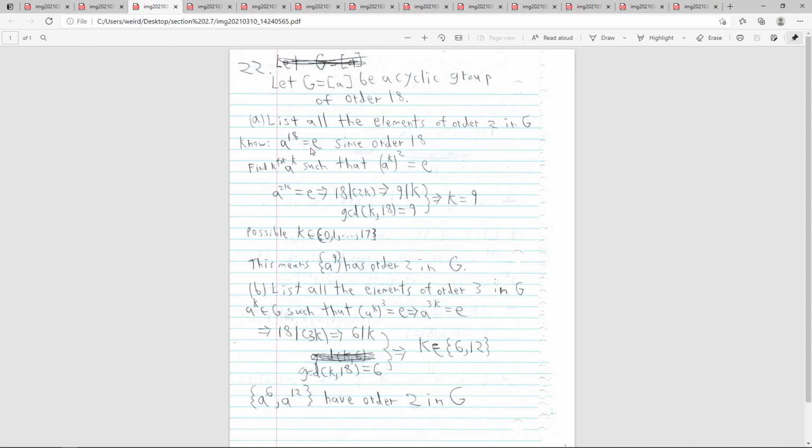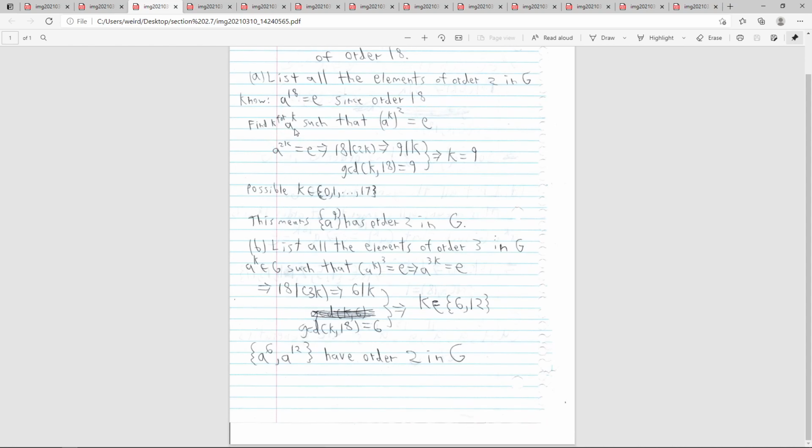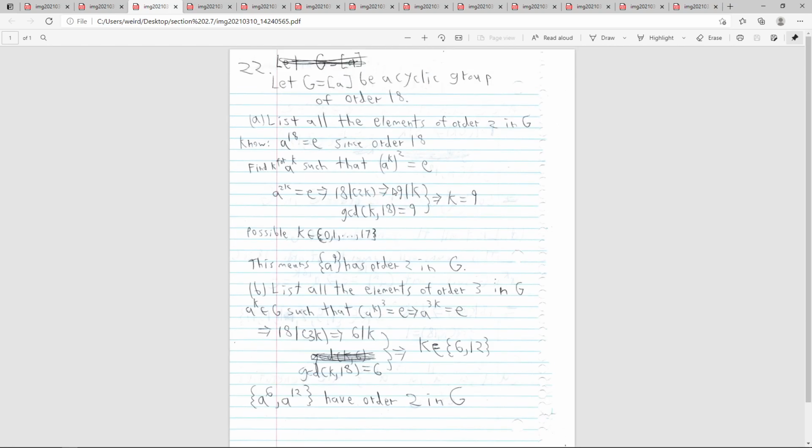We know a to the 18 equals e since the order is 18. Find k for a to the k such that a to the k to the second power equals e. a to the 2k equals e implies that 18 divides 2k, which means 9 divides k, and the GCD of k and 18 equals 9. So that means k equals 9.